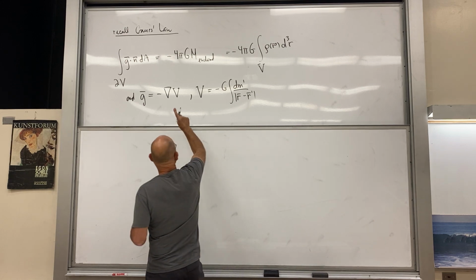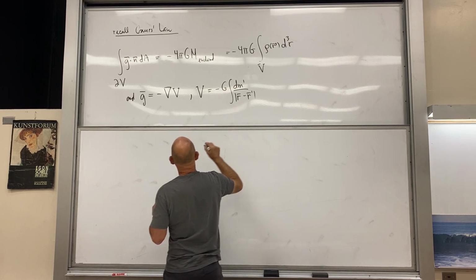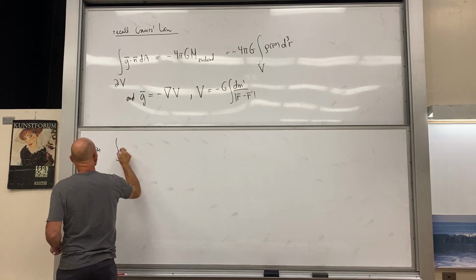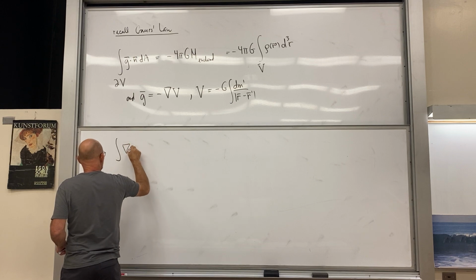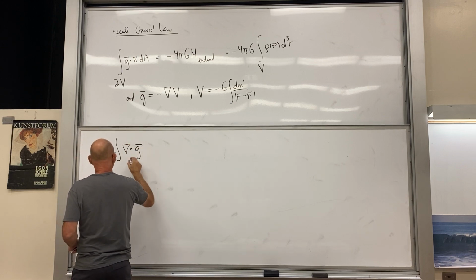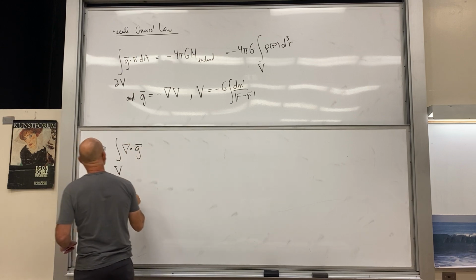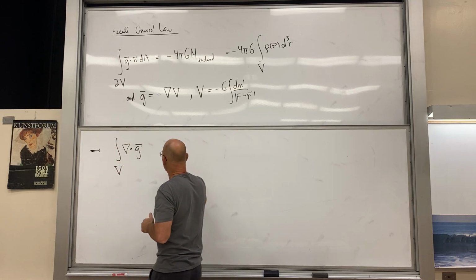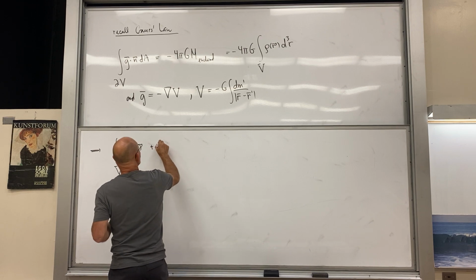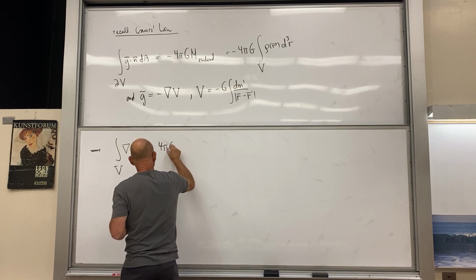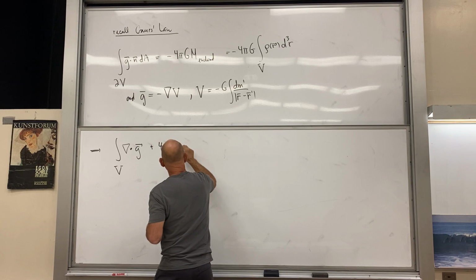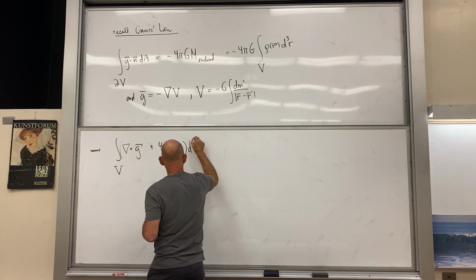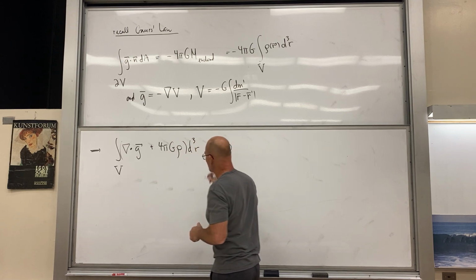So let's go ahead and look at our top line there and conclude we have the integral of the divergence of G over the volume, and we have plus 4 pi G rho d3r is equal to 0. Okay.